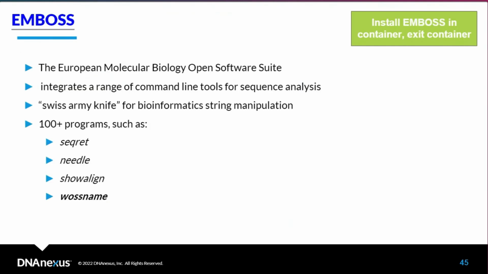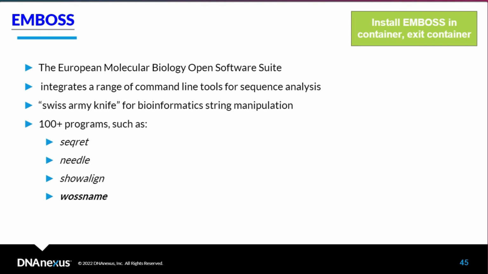So let's consider we are in the interactive mode, and we would like to install some bioinformatics tools. We here decided to show you a tool which is called EMBOSS. EMBOSS stands for European Molecular Biology Open Software Suite. And this integrates a range of command line tools for sequence analysis. And this is something like a Swiss Army knife.